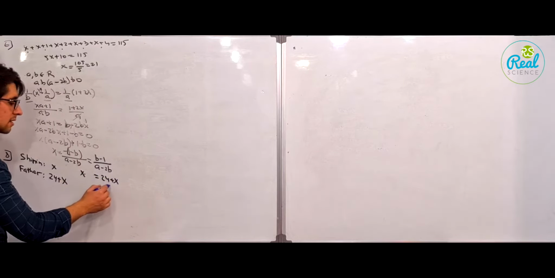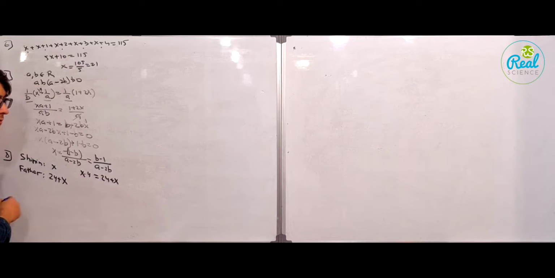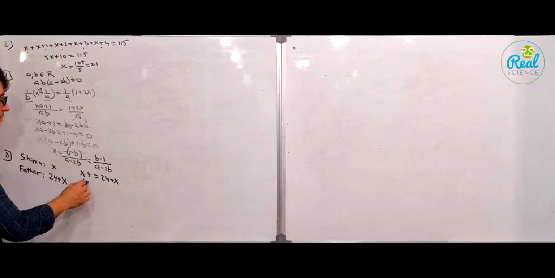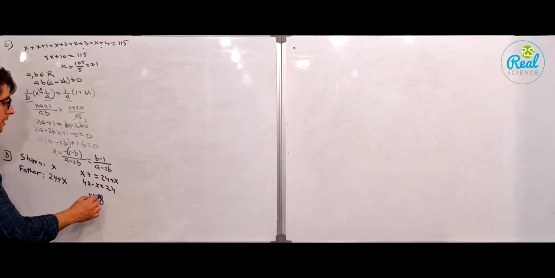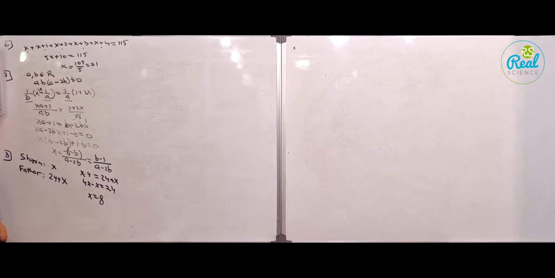Actually, you can divide this side by 4, or multiply the other side by 4, they are the same. 4x minus x equals 24, right? x equals 8. So, how old is Shirin now? Shirin's age is 8. What about his father's age? It's 32, right? So, let's turn to 9.